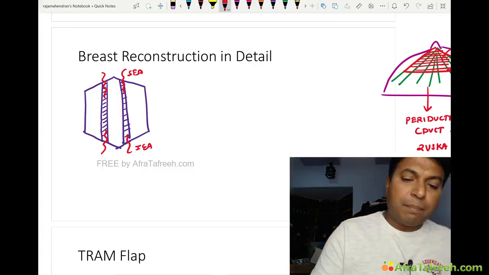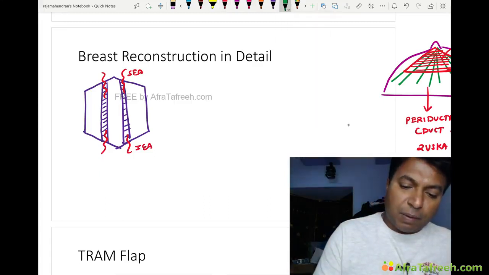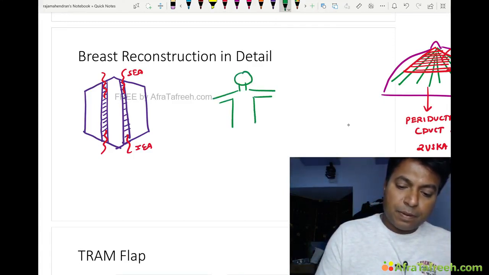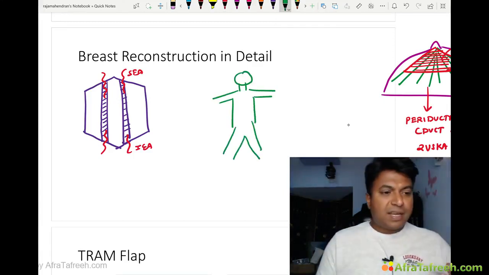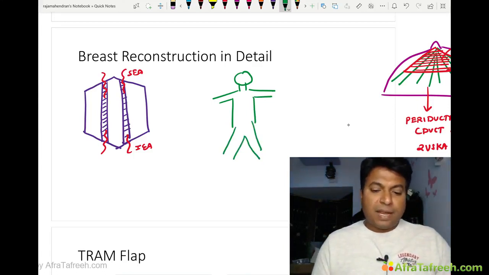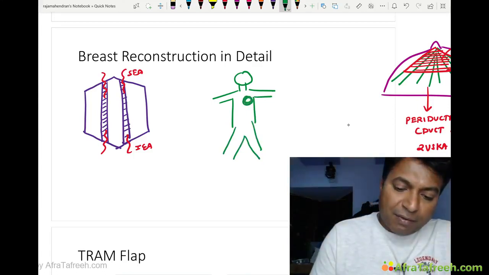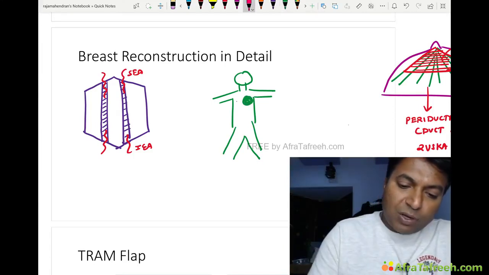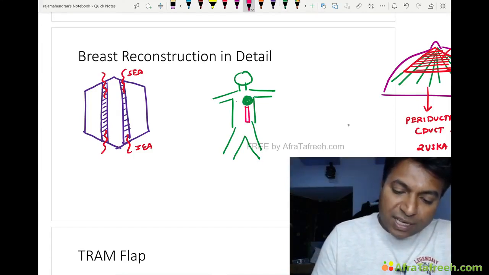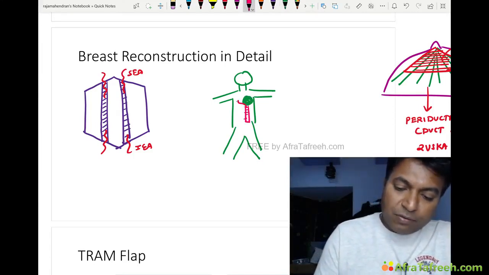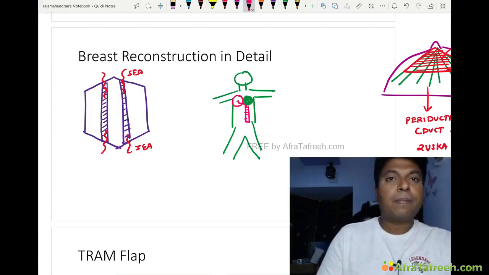Once upon a time, breast reconstruction was done with the help of, for example, I have removed a right breast. What I will do is I will use the opposite side rectus abdominis muscle. From here it will be shifted here like this.